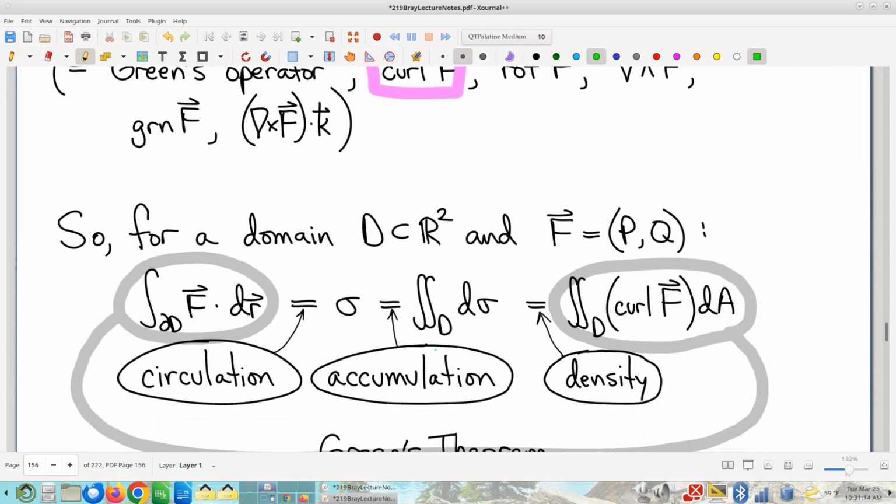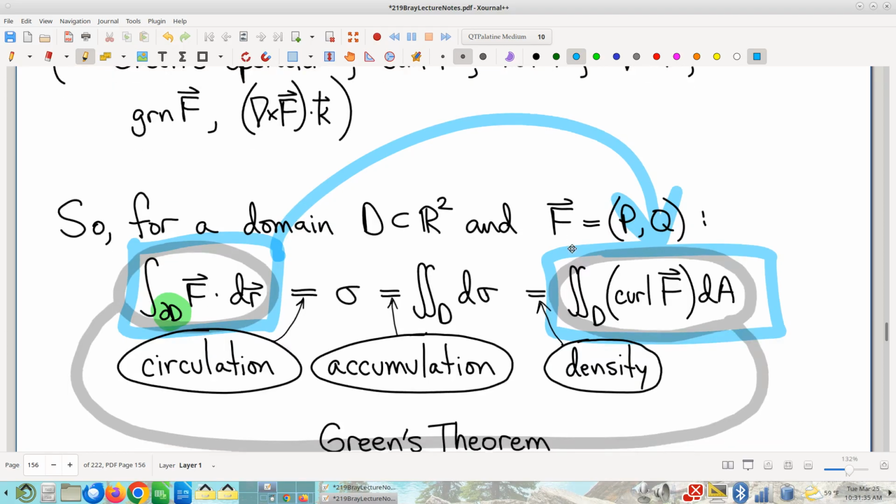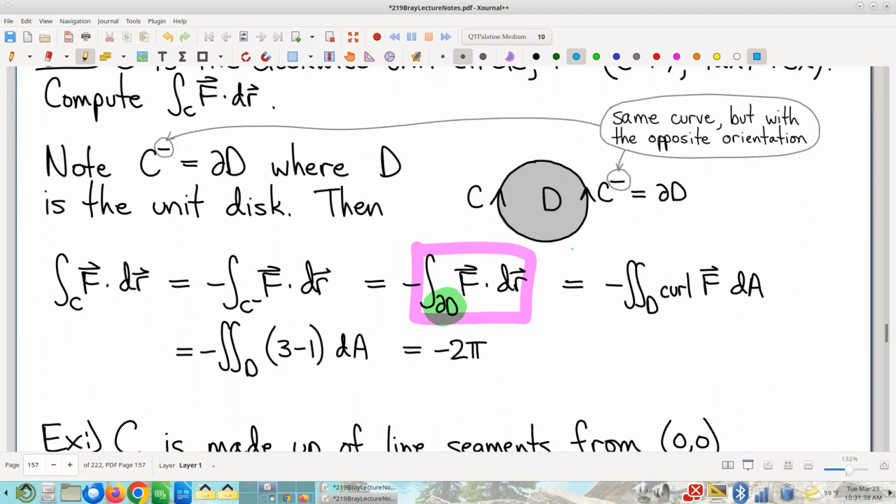Green's theorem tells me that when I have a circulation around a boundary, boom, I can just write it as a double integral of curl. Double integral of circulation density. And just write it down. And that's this next step that I've done here. We've got a circulation around a boundary, and boom, double integral of curl.